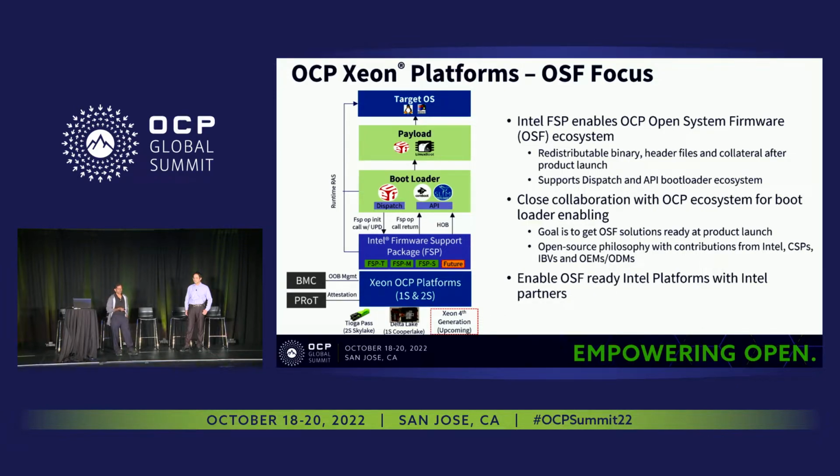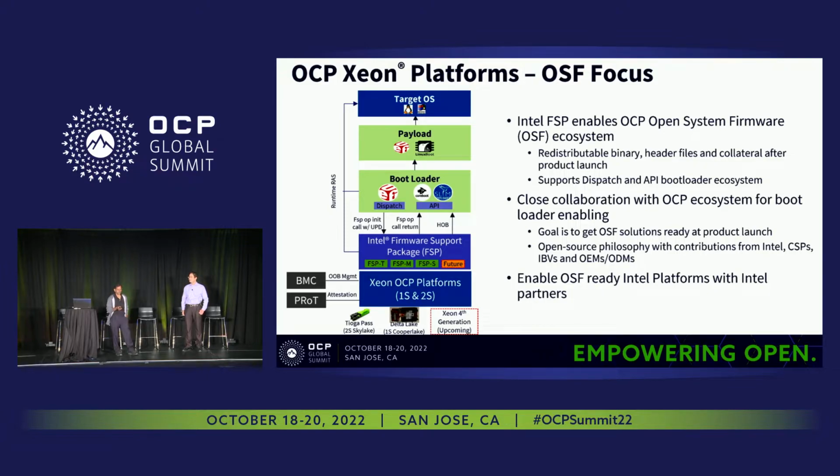But the focus is to have Intel firmware support package that does the core initialization. All the platform code happens via the bootloader code, and we are agnostic to any specific bootloader. So you can enable pretty much any bootloader.